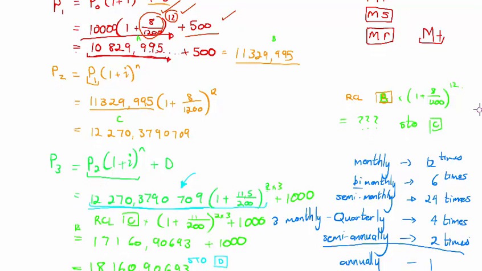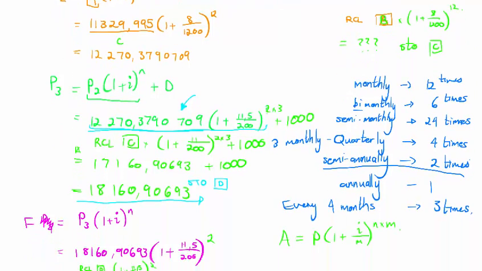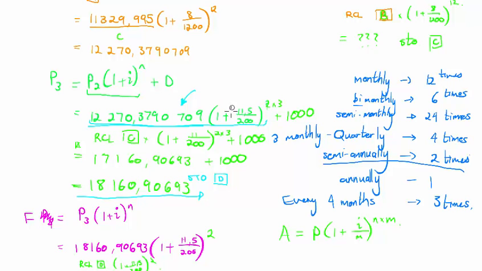Okay, and then the next would be to get this intermediate value, then to use that, and the plus 1,000.